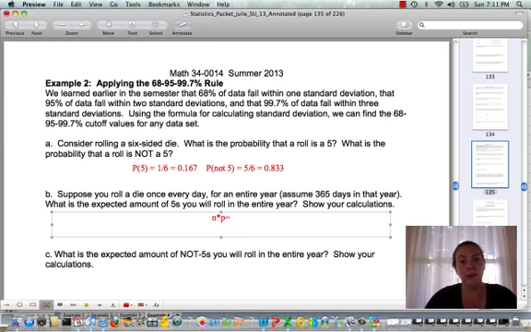So it's going to be 365 rolls times 1 out of 6, which is our probability of a 5. And that works out to be 60.83.